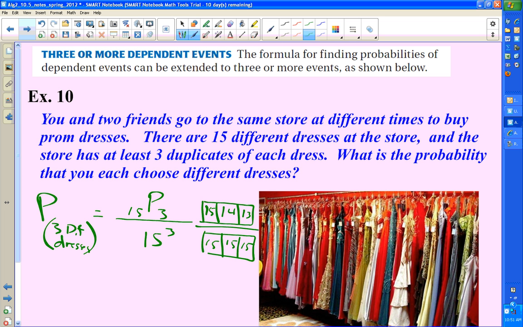Either way, whether you use the permutation or the counting principle, doesn't matter to me. On the top, how many choices will we have? And on the bottom, 75? Yeah. Okay, and I'm sure that can be reduced.